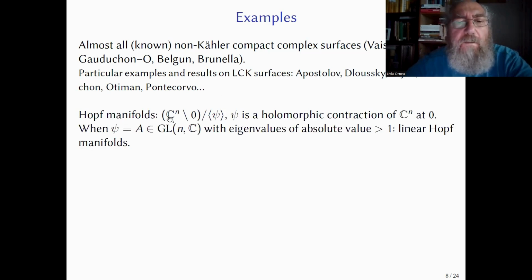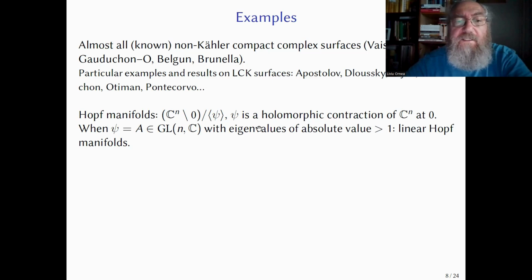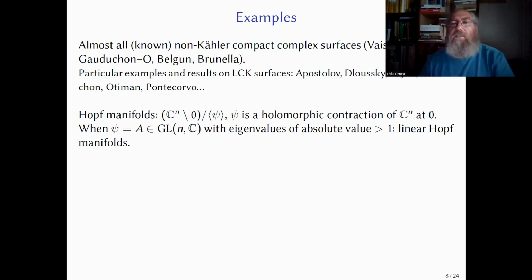In general, a Hopf manifold is defined as the quotient of C^n minus 0 by the cyclic group generated by a holomorphic contraction at 0. The first examples of Hopf manifolds which are LCK were when the contraction is linear. And these are called linear Hopf manifolds. But Vaisman doesn't bother to call them linear because they were almost the only ones studied.